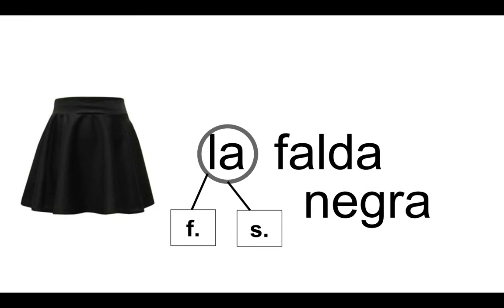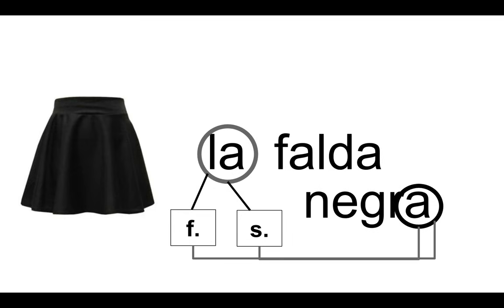The word "la" in front of skirt tells us that skirt is a feminine, singular noun, so we must choose the feminine singular form of the color black to describe it. "Negra" is the feminine singular form of the word black, so we have noun-adjective agreement.